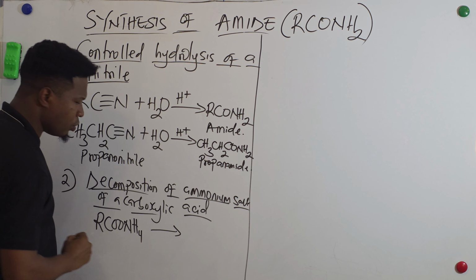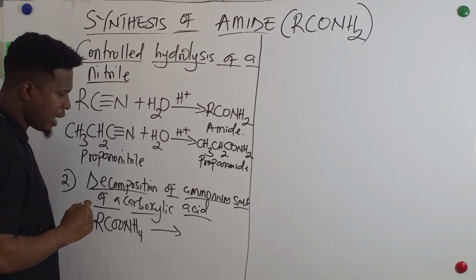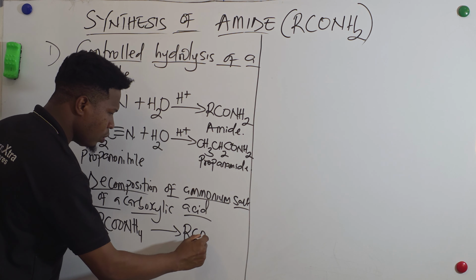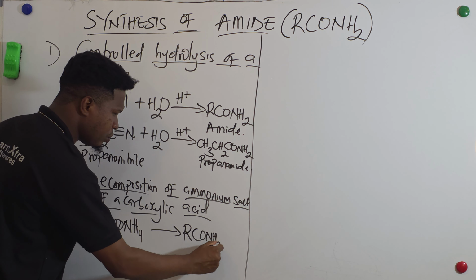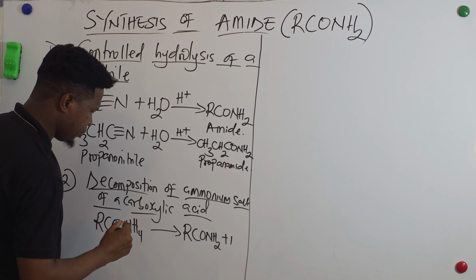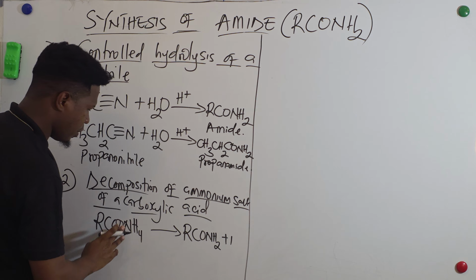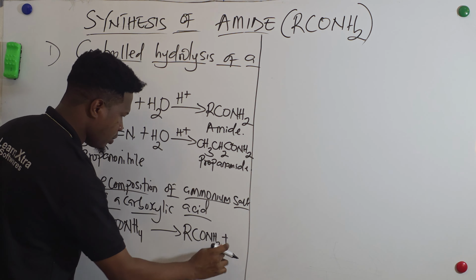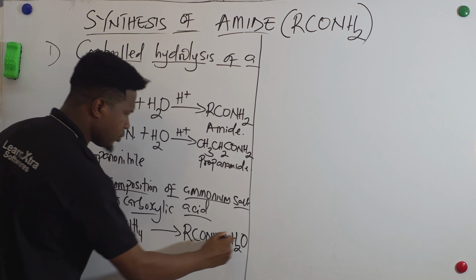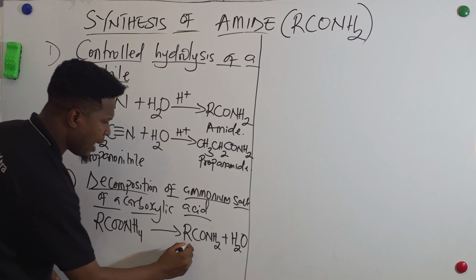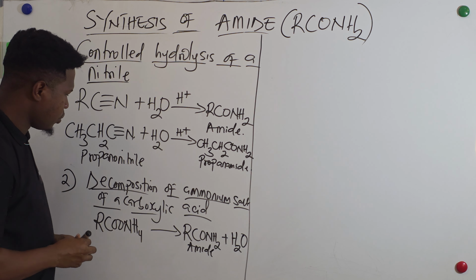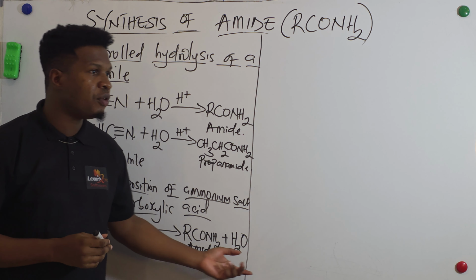So when you decompose this, you have RCONH2 plus water. So you have an amide here and you have water. Okay, so the decomposition of an ammonium salt will give you this.